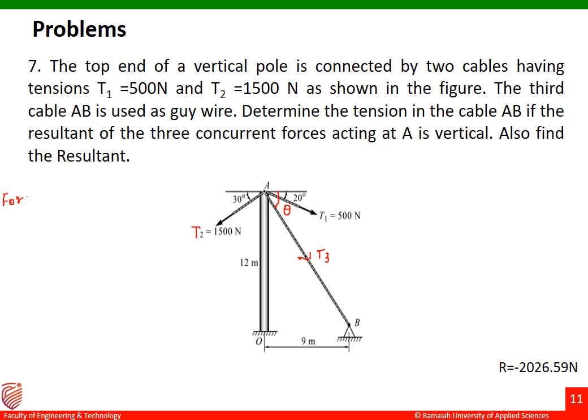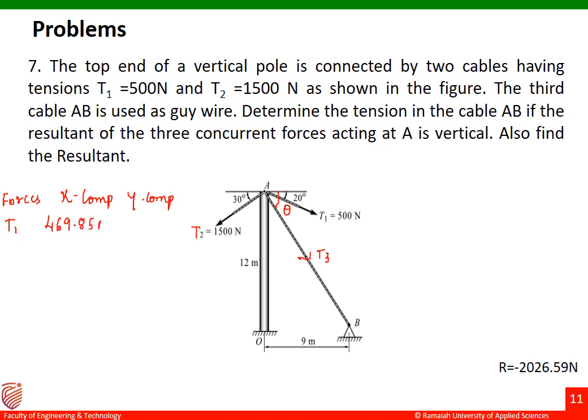Forces, x component, and then y component. We'll go from T1. The x component of the T1 force is 500 cos 20 degrees. You'll get the answer as plus 469.85 Newton.